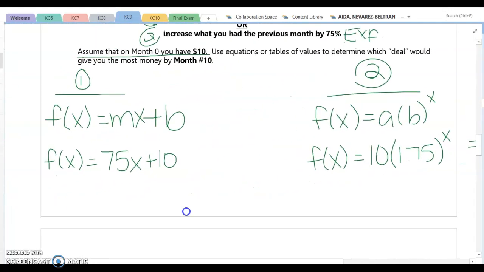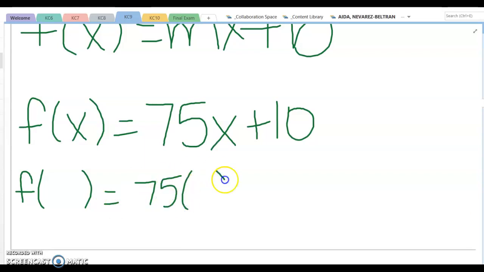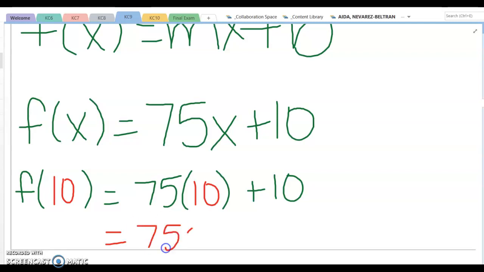So now for both of these, we have to figure out what it would be at month 10. So we're going to take our function, and anywhere that we had an x, we're now plugging in 10 because we want month 10. So 75 times 10 is 750 plus 10 would be $760.